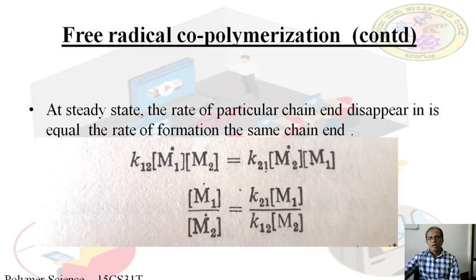Now, at a steady state, the rate at which a particular chain end disappears is equal to the rate of formation of the same chain end.